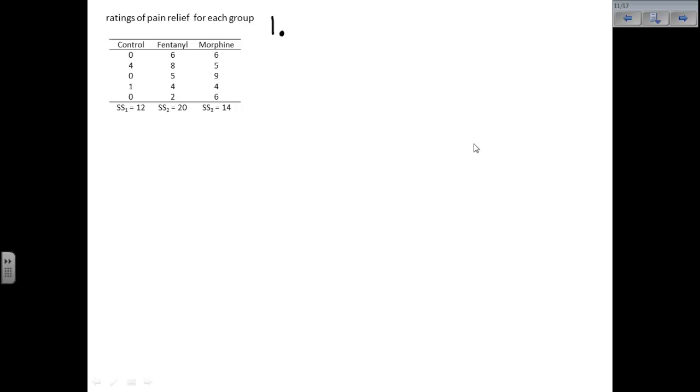So for this example, if we have 3 levels of this independent variable, then our alternative hypothesis will literally be written out as at least one drug group will have significantly different pain levels.